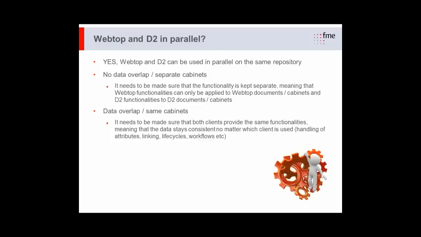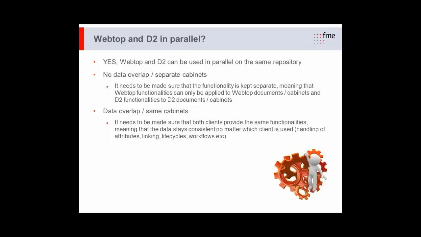That means if you configure an auto-numbering or an auto-linking in D2 and you modify an object in D2, then this will be applied to the object, but the same functionality is not executed if you modify this object in Webtop, for example. So in this case, you have to be sure that both clients have the same functionality.